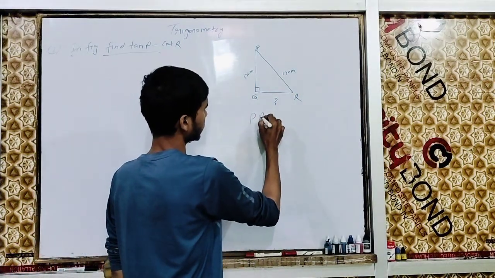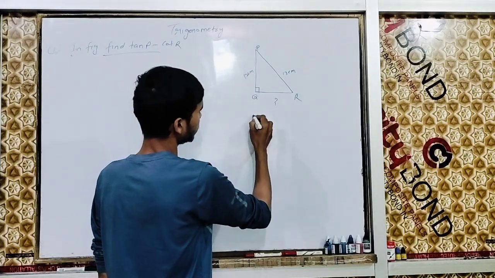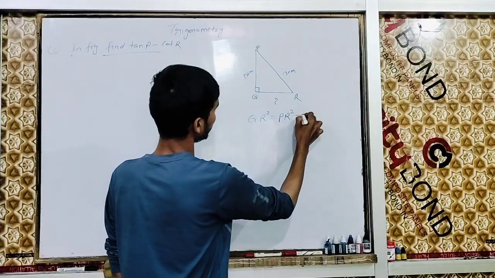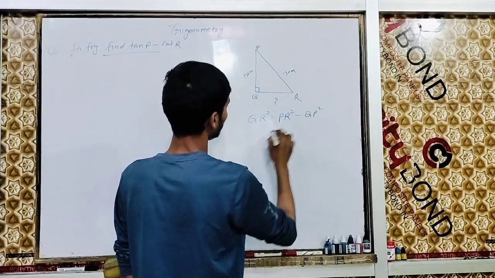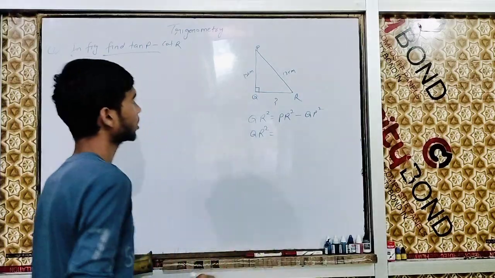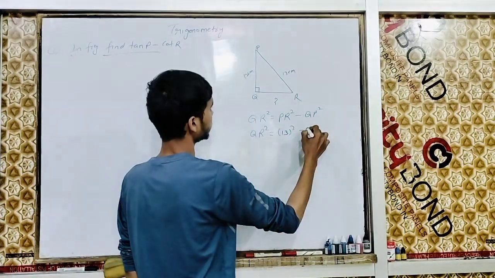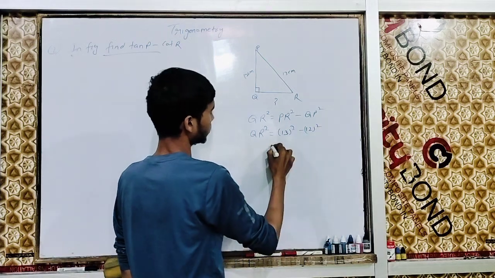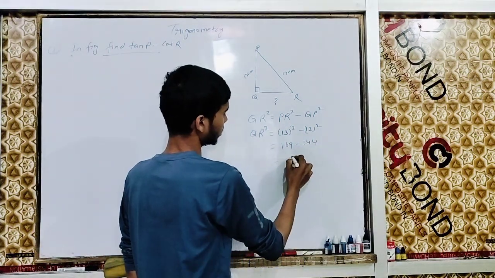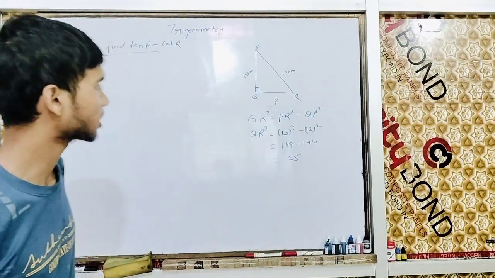So here it would be QR square equals PR square minus QP square. PR is 13 centimeter, QP is 12. This would be 169 minus 144, then we have 25. This came as 25.